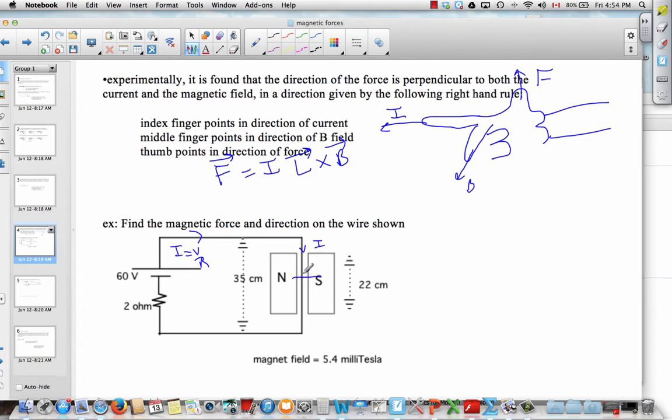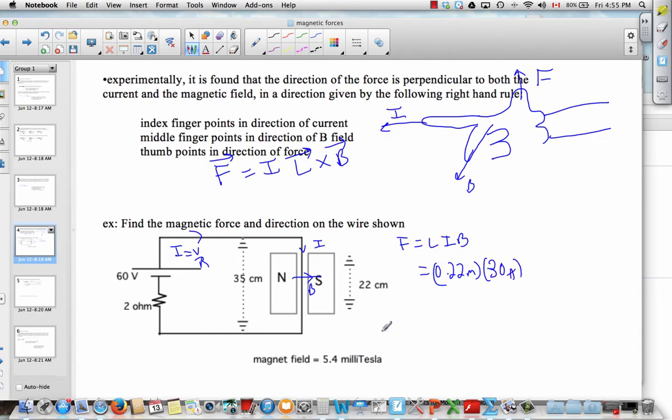Magnetic field goes from north to south, so that's the direction of the B field. And the force will just be, because I and B are perpendicular to each other, LIB. Now, L is the length of the wire that's in the field. That's this 22 centimeter length right here. I is the current, and we've already said that's 30 amperes of current.